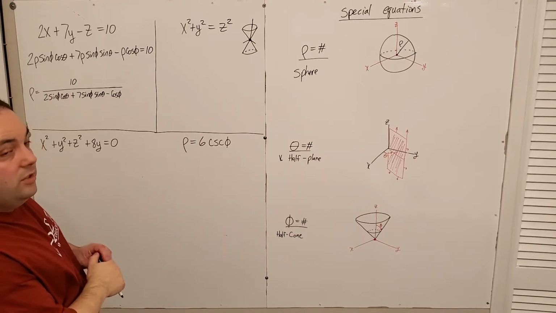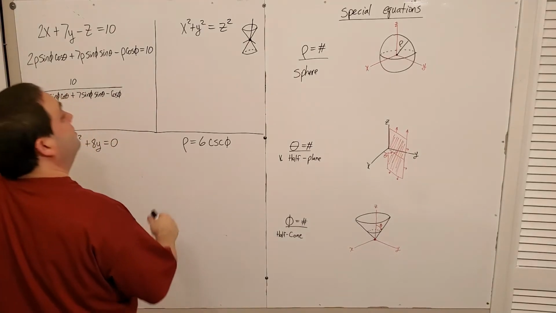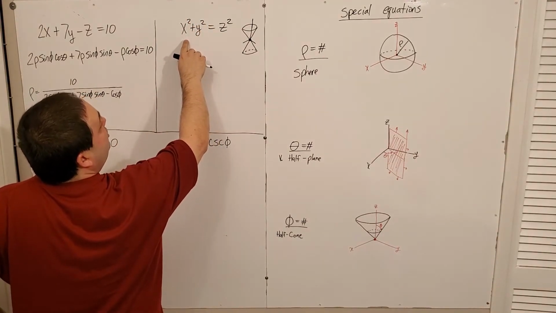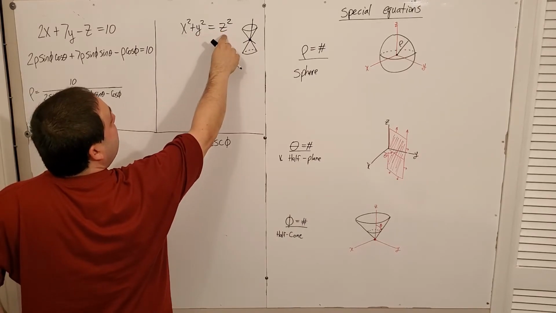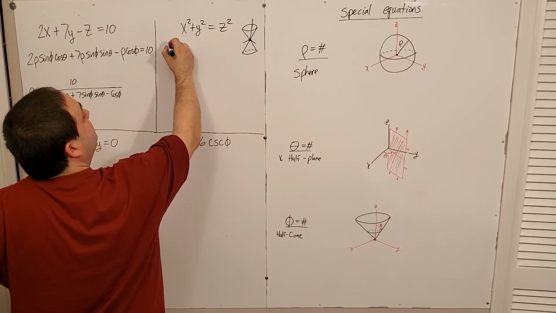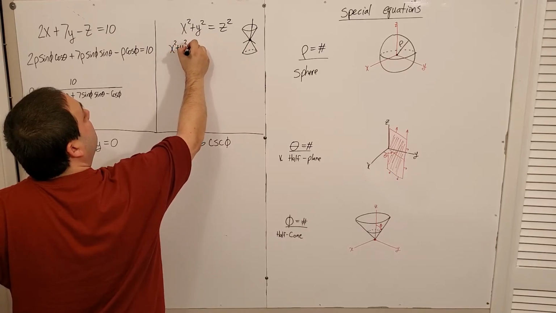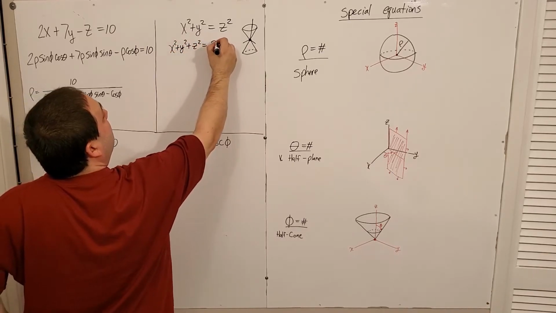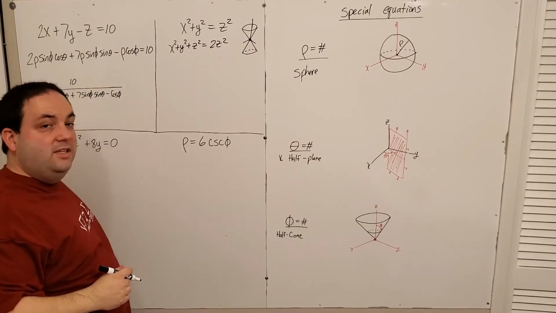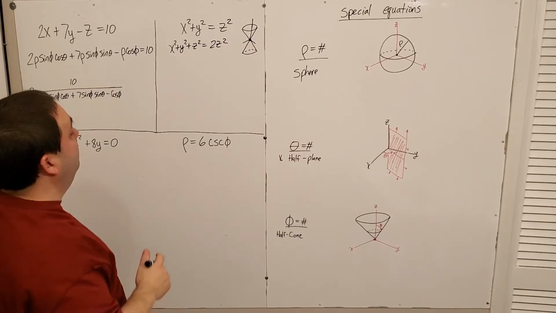So then let's convert this into spherical. I'm going to start by adding z squared to both sides. So that gives me 2z squared on that side, right?